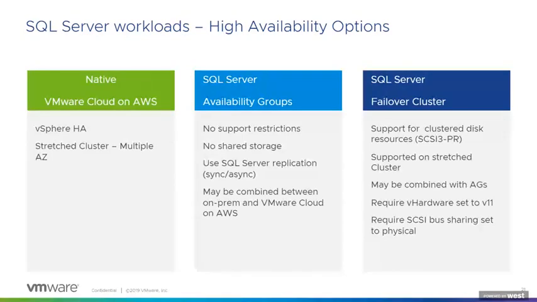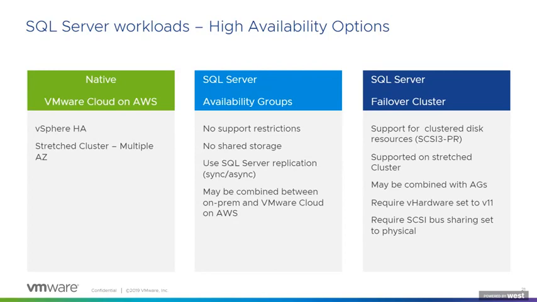One of the main differentiators for VMware Cloud on AWS is support for SQL Server failover cluster instance, which was enabled by support for SCSI-3 persistent reservation on top of vSAN in VMware Cloud on AWS. For now, VMware Cloud on AWS is the only platform to support shared VMDK for Windows Server failover cluster.